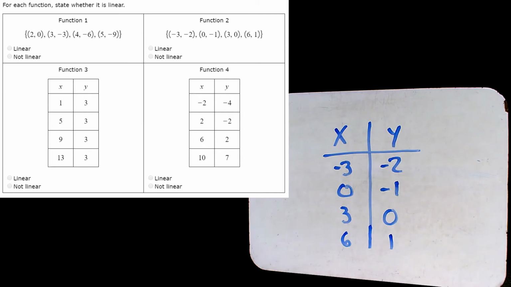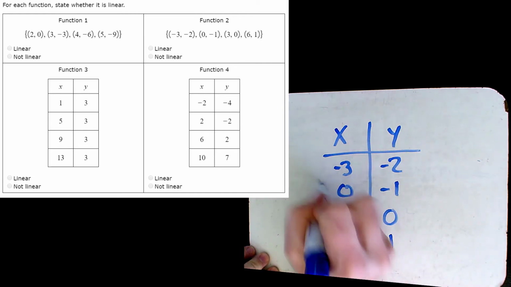Here I've written our second function that we have in our problem. And so our second function says -3, -2, 0, -1, and 3, 0. Then we've got 6 and 1. So we can check the same way. We've got our domain.